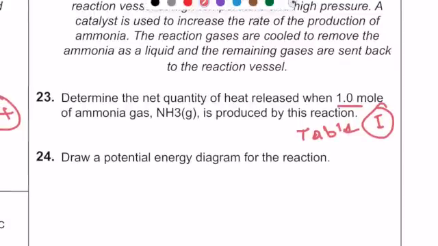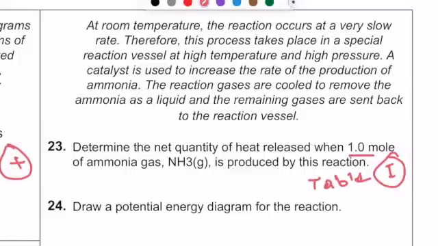Draw a potential energy diagram for this reaction. Wow, I cannot do this until I look at Table I. Okay, so based on Table I, to produce ammonia, we produce 2 moles of ammonia when delta H is negative 91.8.